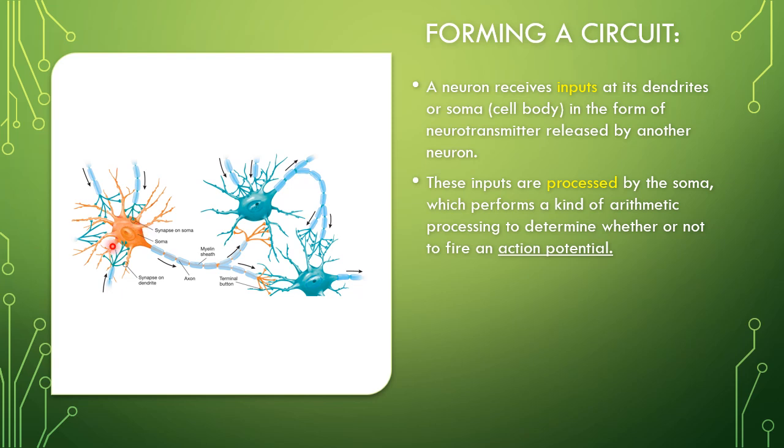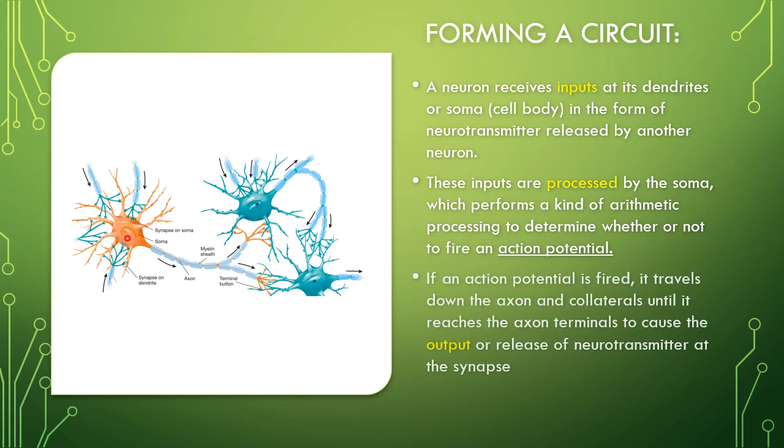These are processed by the soma, which is, in very simple terms, going to be carrying out kind of an arithmetic processing, where it's going to be taking the sum of all of these inputs, and that is used to determine whether or not we trigger this big, almost gunshot that is the action potential, this very rapid electrical signal that needs to travel long distances. So there are a lot of different processes that affect this that we'll get to throughout the semester, but for now, the processing happens at the soma.